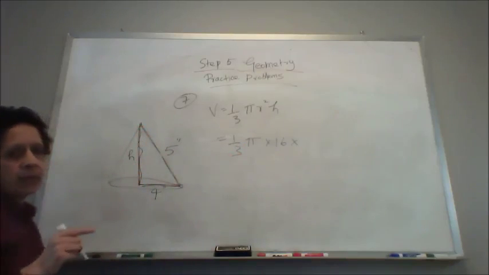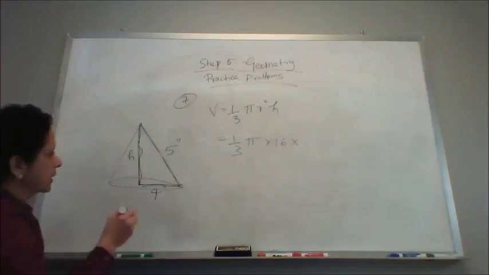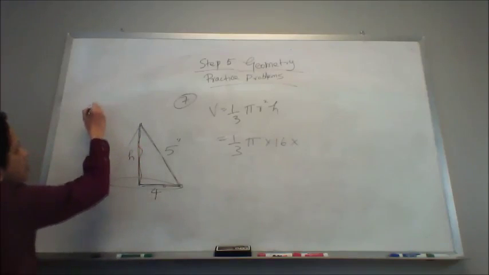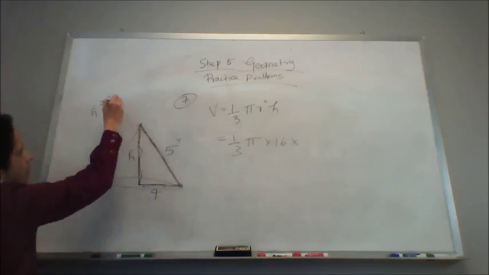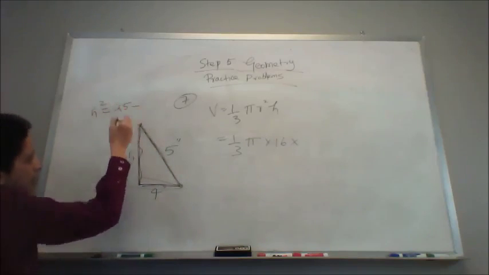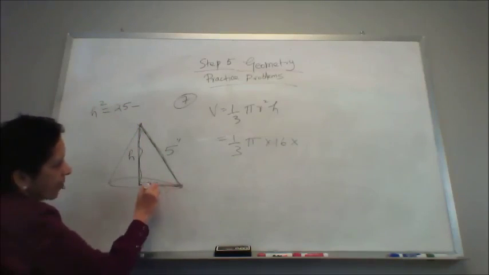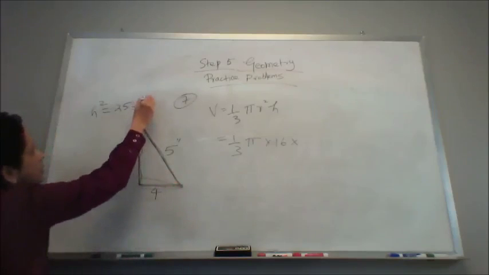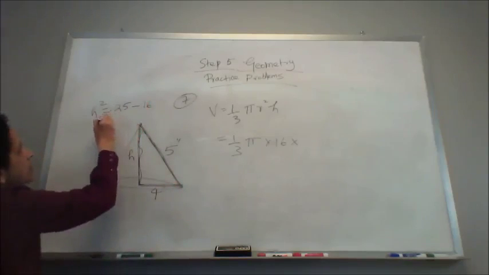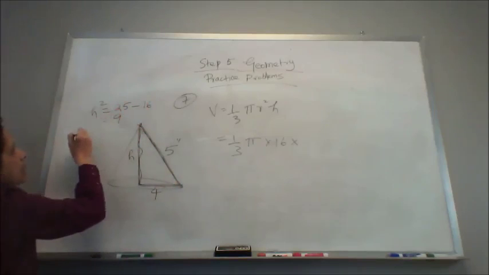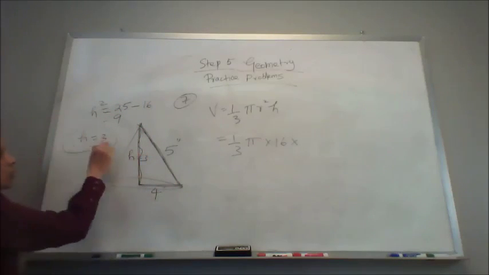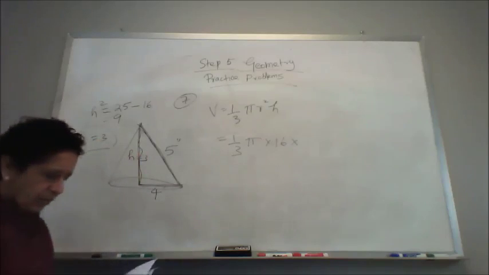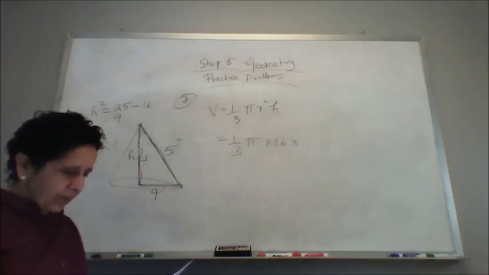So again, you want to go back to the Pythagoras theorem. So this h squared, and then you take the hypotenuse squared, which is 5 squared, which is 25, minus the one leg squared, which is 4 squared, 16, so that's actually 9, so h equals 3, right? So you need to actually calculate the height, even though in this problem it's not given, right?